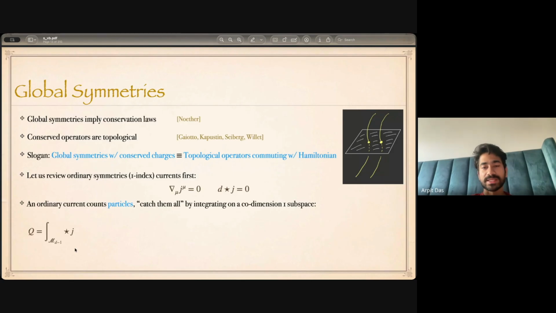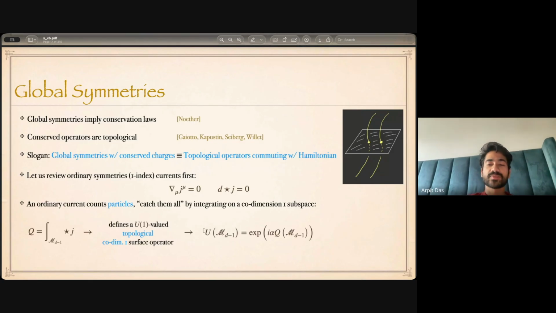This is a basic QFT exercise. Then you can exponentiate this charge. You obtain the charge by a codimension-1 integration, and then you exponentiate it, and that gives rise to a unitary operator. In this case, it's just e^{iαQ}, and that unitary operator essentially acts on local operators in your Hilbert space.